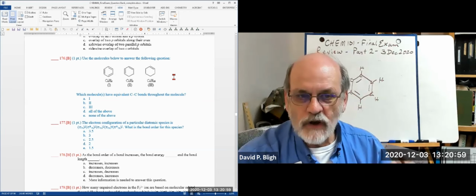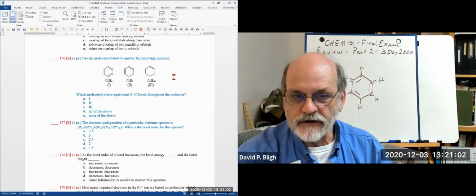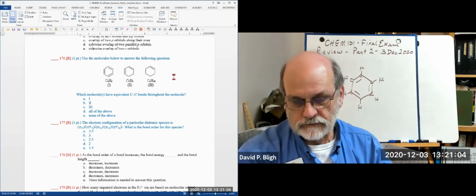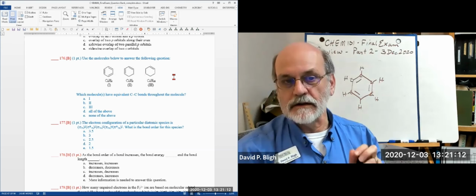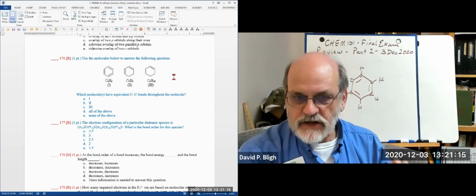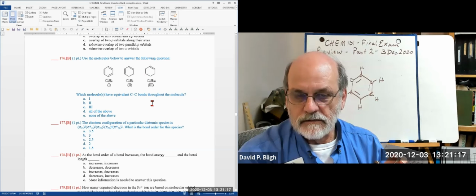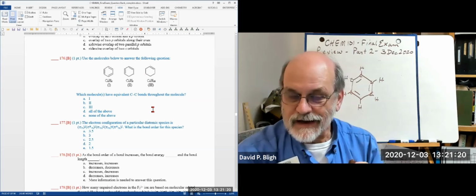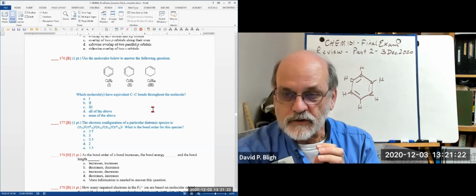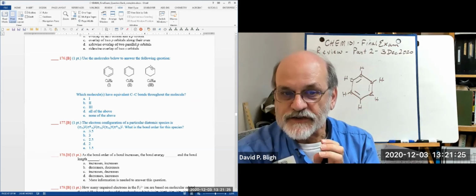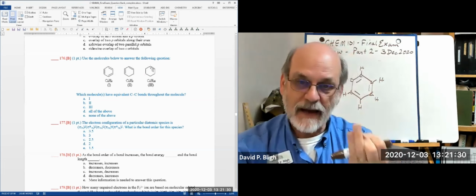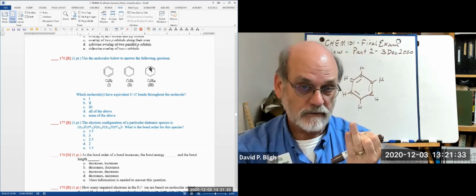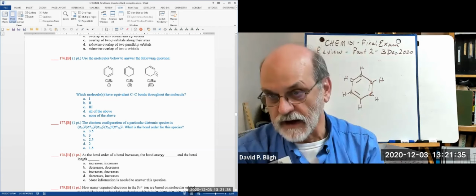Which molecules have equivalent carbon-carbon bonds throughout the molecule? The issue here is to recognize the difference between a double bond, where you have a sigma bond and a pi bond together, versus a single sigma bond.